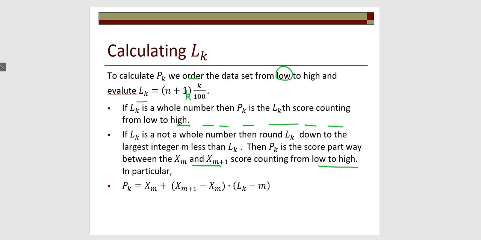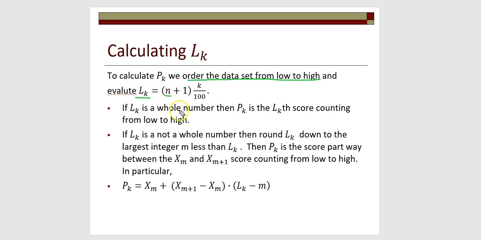Now here's how we calculate Pk. The first thing we need to do to calculate Pk is to order the data set from low to high. That's very important. Then we have to calculate this number Lk, and that is simply n plus 1 times k over 100, where n is the number of scores in your data set. Now we have two cases. Either Lk can be a whole number, or it can have a fractional part to it.